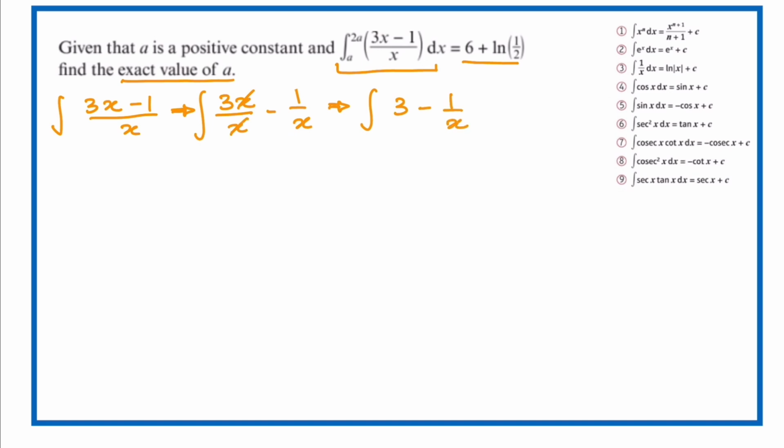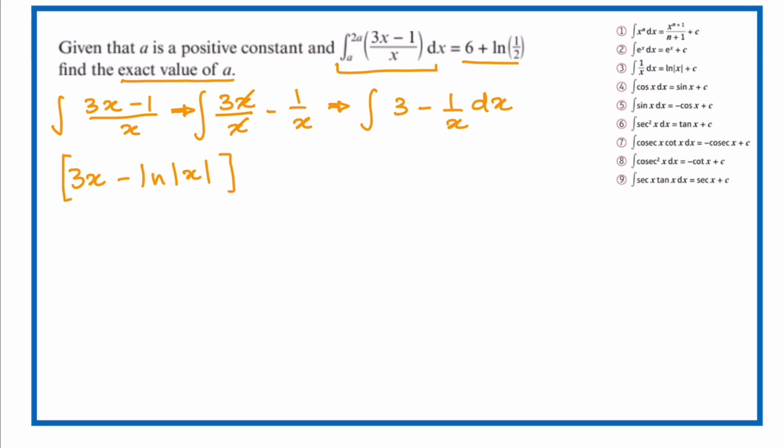And again, we're integrating this with respect to x. Integration of 3 becomes 3x, and integration of 1 over x becomes minus ln x. As I said earlier, because we are applying the limit here, there is no need to include the plus c, but if you're not applying any limits, then include the plus c. But this is our integration done.